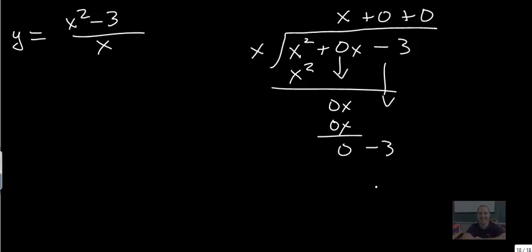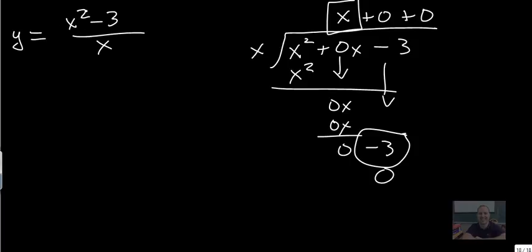X times 0 is 0. So x would be your only, because you're down here. Keep going. So x plus 0 plus 0. So x is your quotient, and remainder -3.